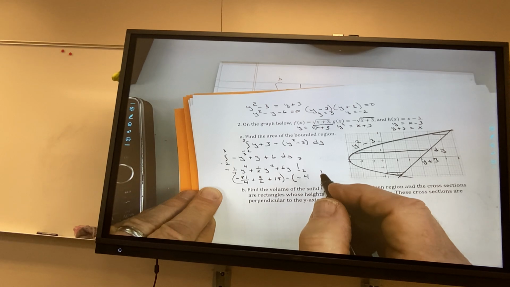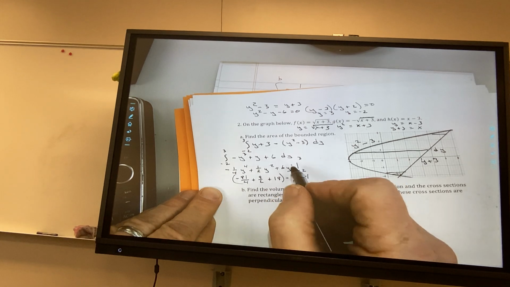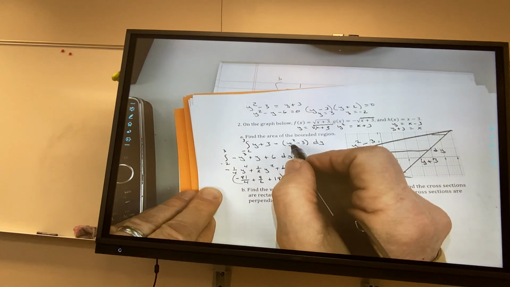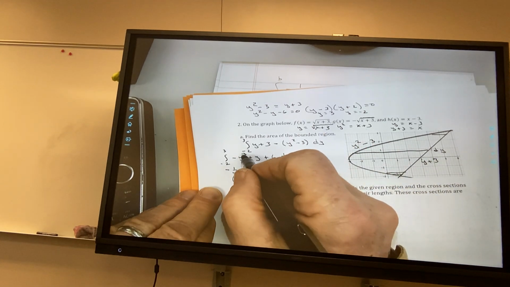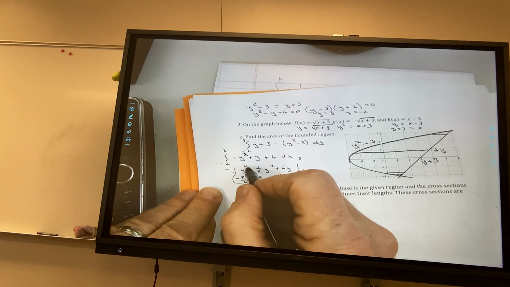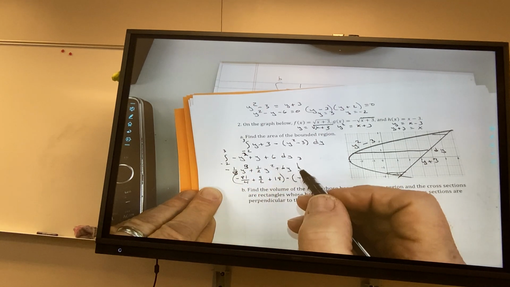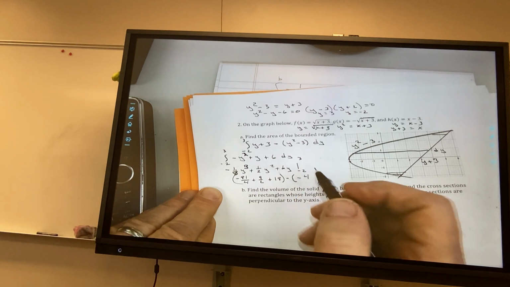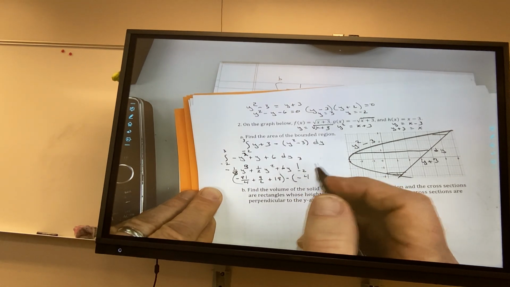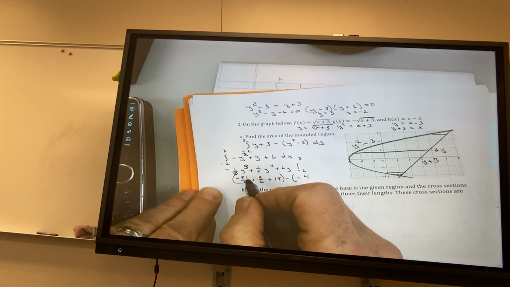I did something wrong, didn't I? Yeah, y should be squared. Where? In the integral. In here, negative y. This should be squared, correct? And then this will be a 3, and that'll be a cubed, correct? And so when I put a 3 in there, I'll get negative 9.